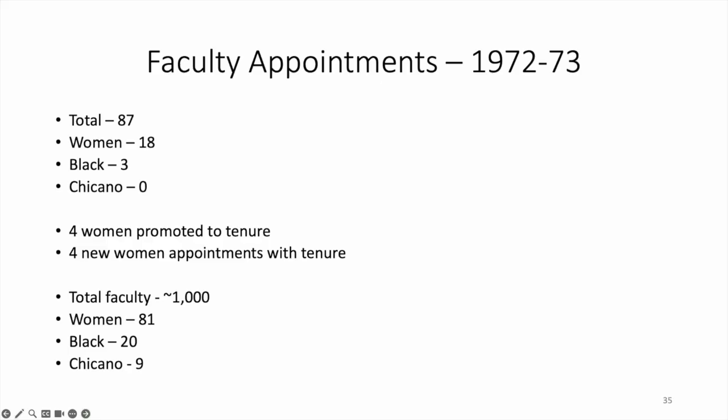Of the 87 faculty appointed that year, 18 were women, 3 were black, and none were Chicano. Four women were promoted to tenure, and 4 new women were appointed with tenure. So you can see where our faculty went by then.